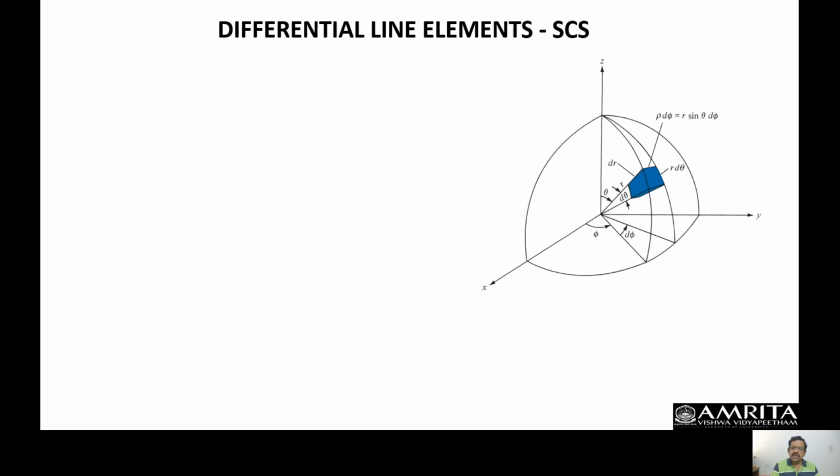Now we come to the spherical polar coordinate system. How do I write it? Again, visualization is very important, so here is how it is done. The infinitesimal element is shown in this shaded region in blue, and you can see that in the spherical polar coordinate system we have two angular parameters and one linear parameter.